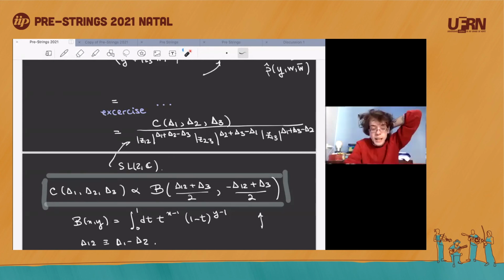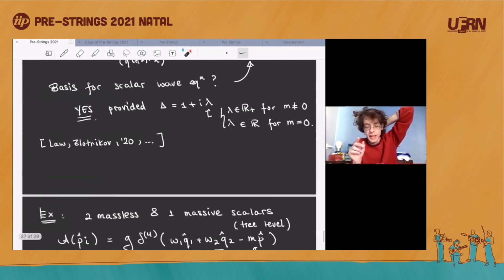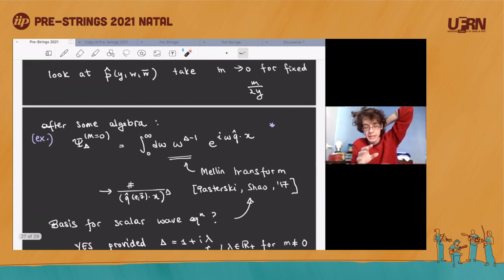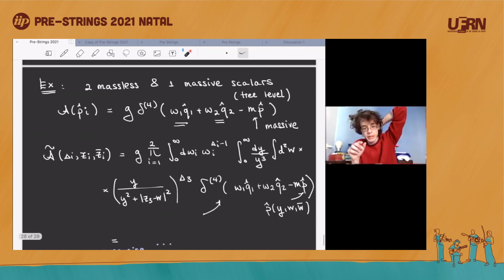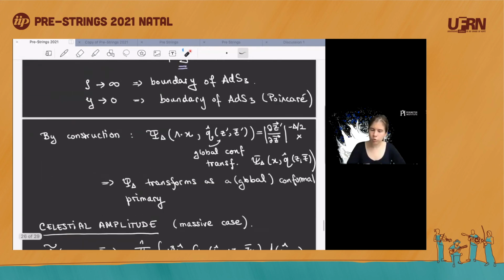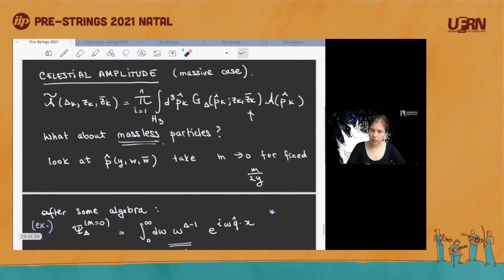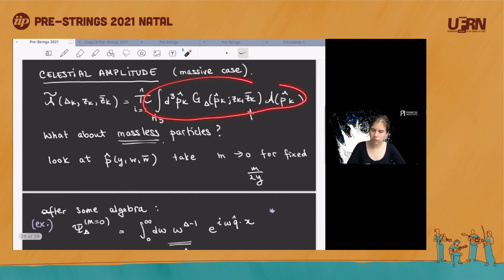Hi, hello. Can you show again the Mellin transform, which gives the z and z bar in terms of the integral with the kernel G depending on delta? Oh, the G is not a Mellin. This guy? Yes, this guy.